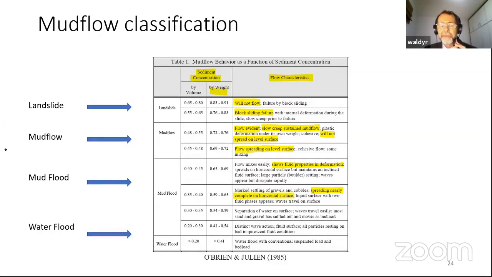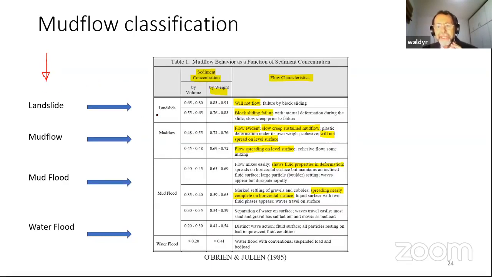The people that work with debris flow know this reference very well, but it is also important for mud flow. And then we can see this mud flow classification. So it's very important to use the right terminology when you talk about mud flow.